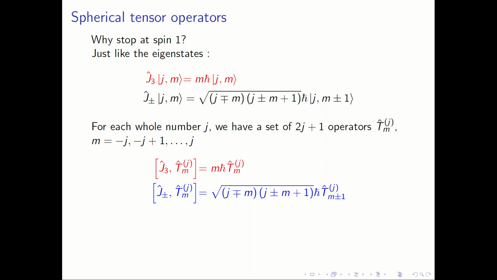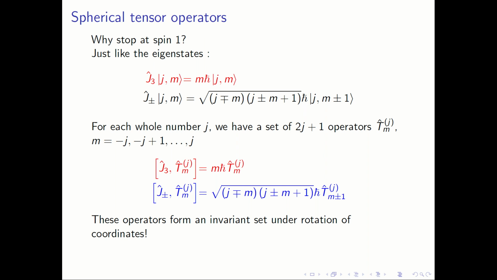Now this behavior is really very important. These operators form an invariant set under rotation of coordinates. Of course, what happens to the operators under infinitesimal rotation of coordinates is basically they change by ad j3 or ad j plus, ad j minus, or some combination acting on T^j_m, and they form a new combination of T^j_m.